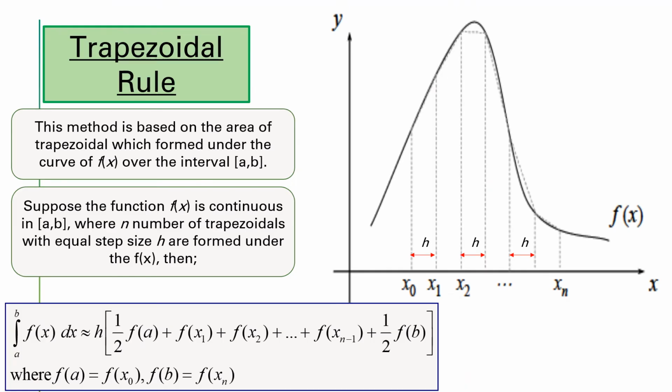The trapezoidal rule is a numerical technique to approximate the value of numerical integration by using n number of trapezoids which form under the curve f(x) over the interval AB. So let's say our f(x) is this graph. The trapezoids are here.